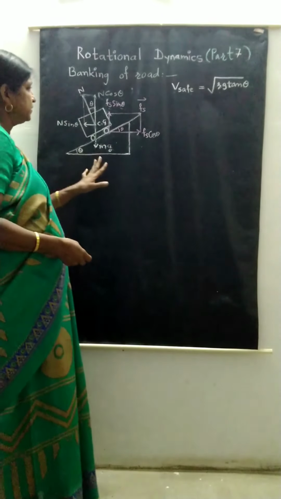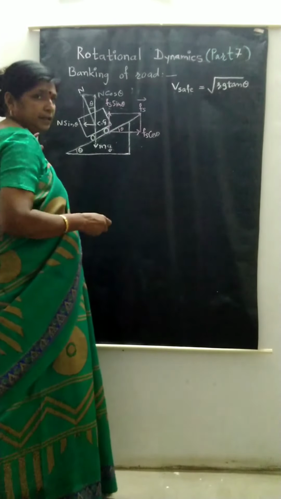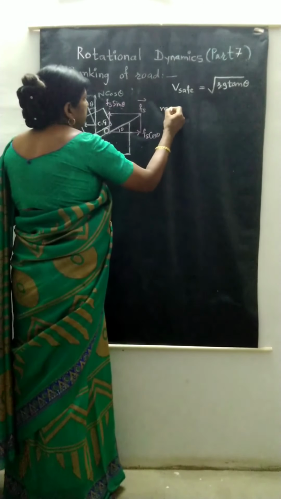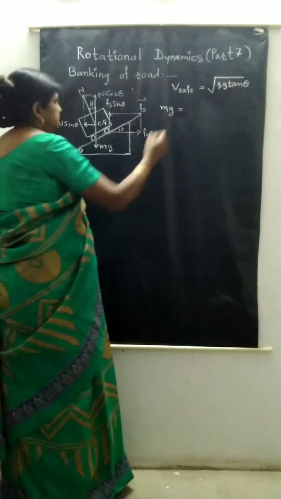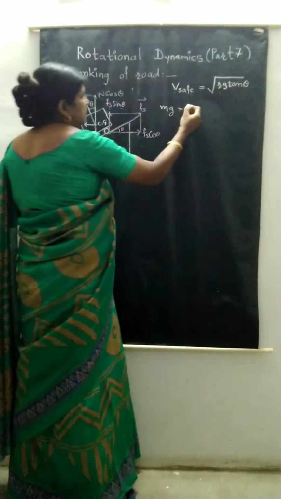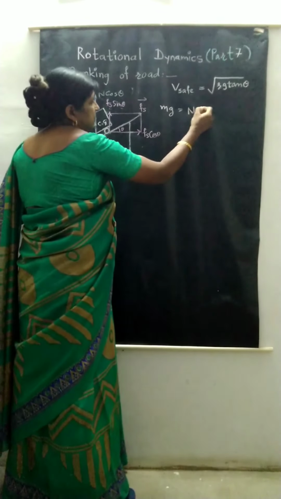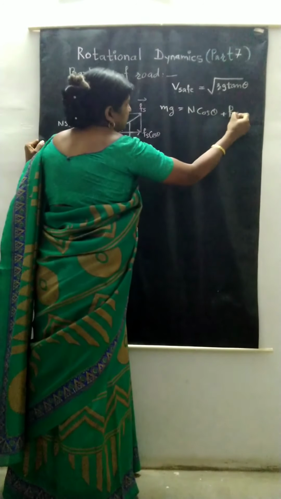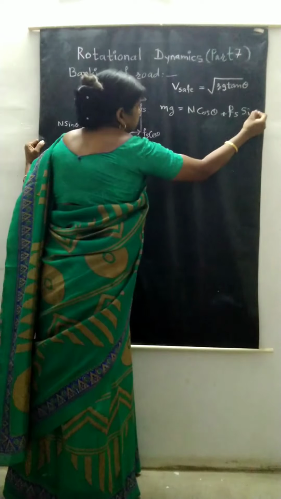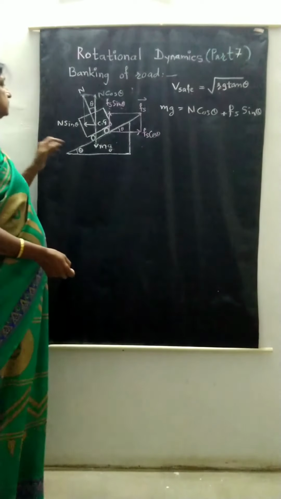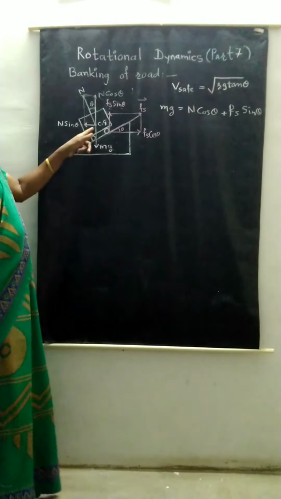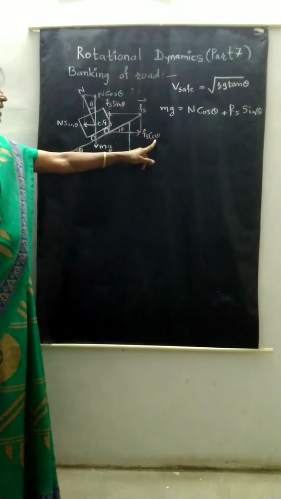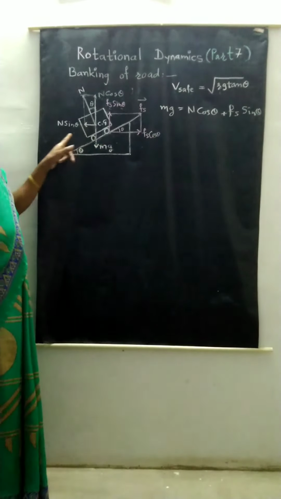So in this diagram rather, we have to write the equation mg is equal to N cos theta plus Fs sin theta. Then this N sin theta and Fs cos theta are exactly in opposite direction.